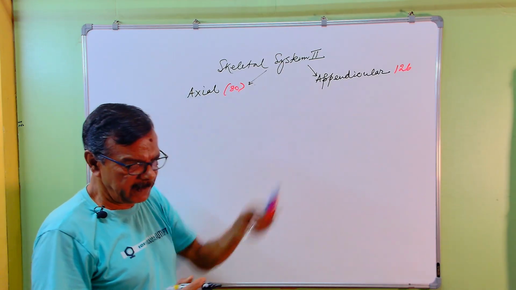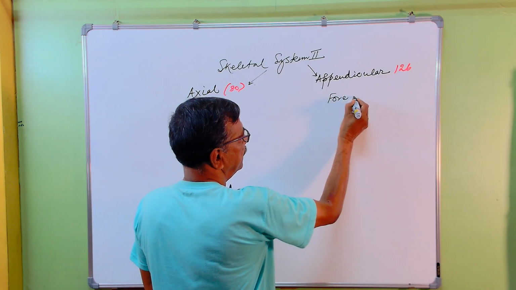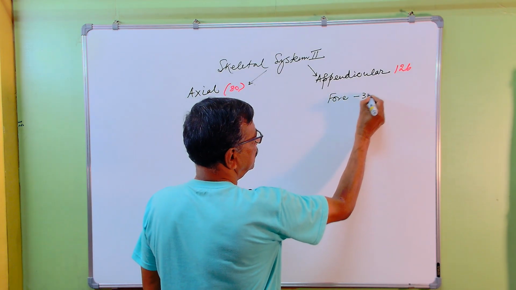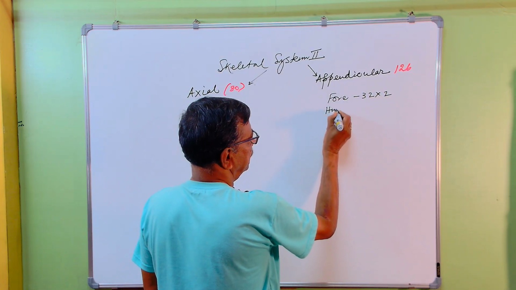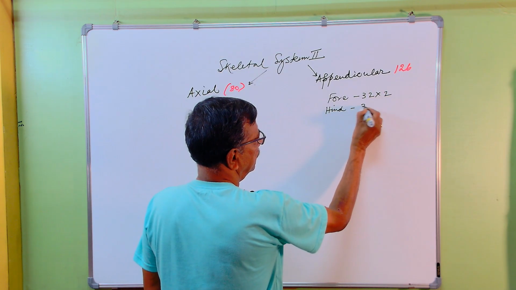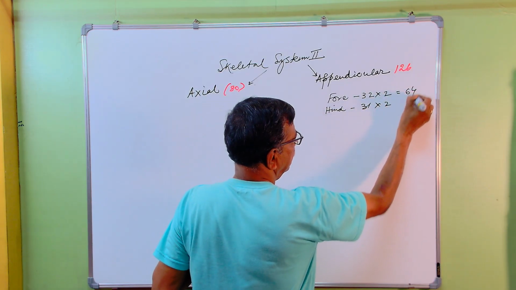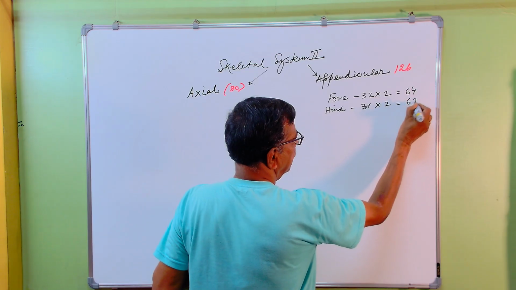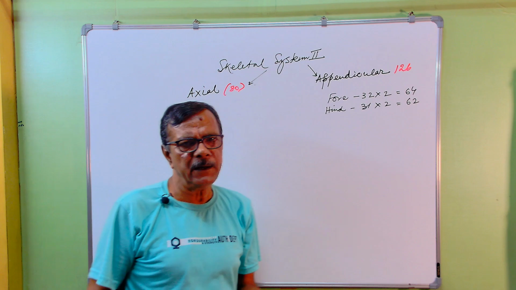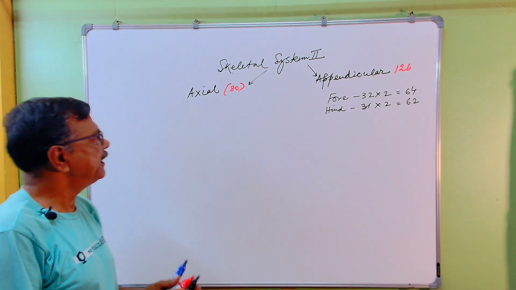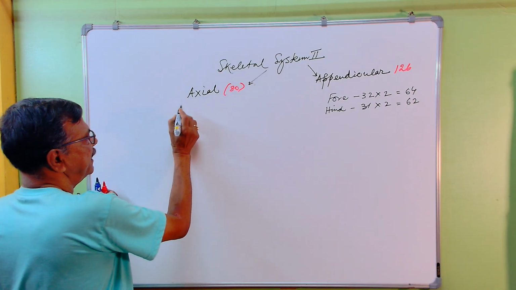In the appendicular skeleton, the forelimb has 32 into 2, and these constitute 126. And in the axial skeleton, we have said that there are three.